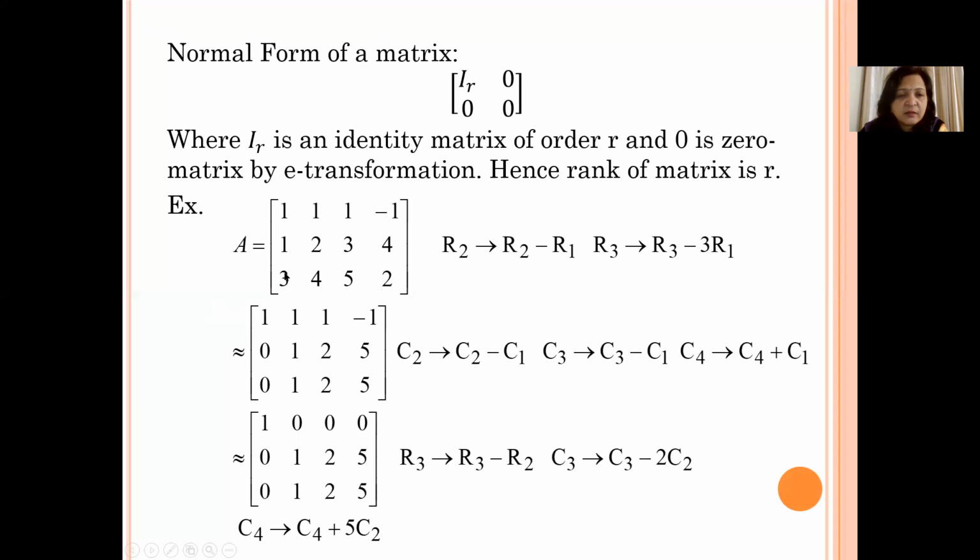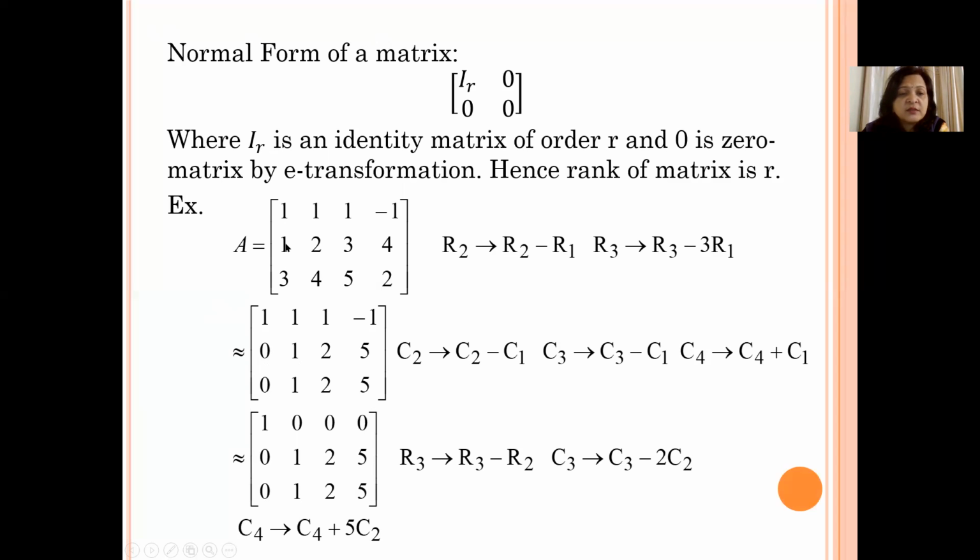This is a matrix. Now in the first step, we have to do the same thing. We have to obtain 1 here. Here it is already 1, so we have to do nothing with this element. Next, we have to convert other elements of this column to 0.